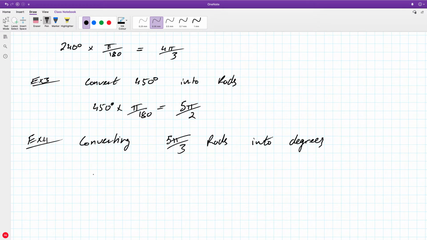What did I tell you pi is? How many degrees? 180, exactly. So for this one, 5 times 180 over 3, because pi is 180. So that's 5 times 180 over 3, and we get 300 degrees.